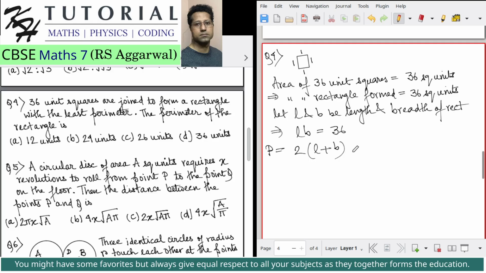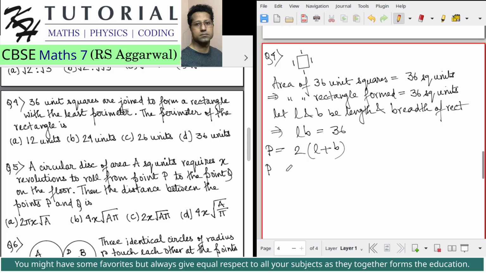First of all, you must understand that to make P minimum, we have to choose L and B in such a way that L into B becomes 36 and L plus B is minimum. Perimeter is 2 into length plus breadth. We have a factor of 2, so we cannot change 2. So all we can do to make the perimeter minimum is make L plus B minimum.